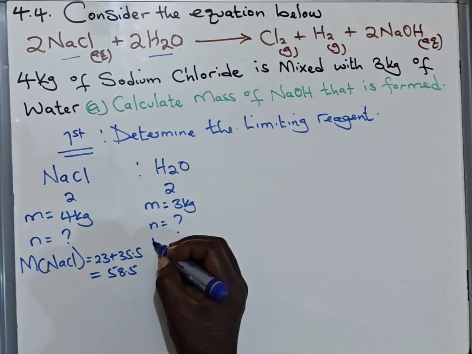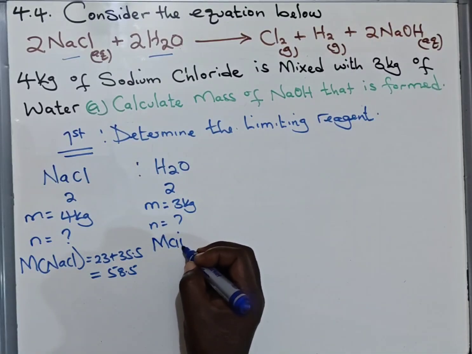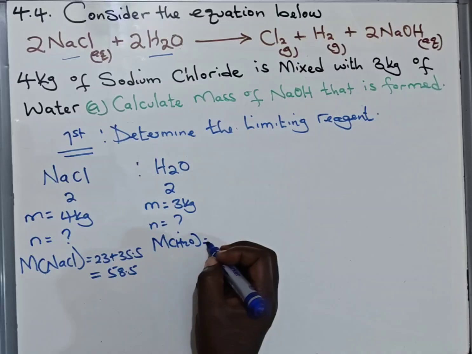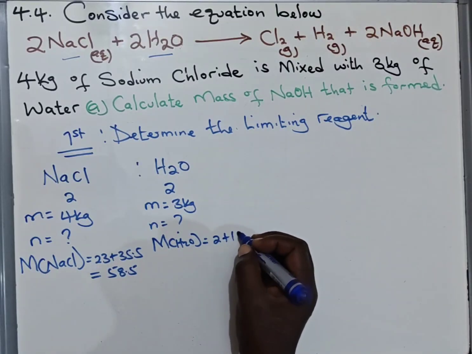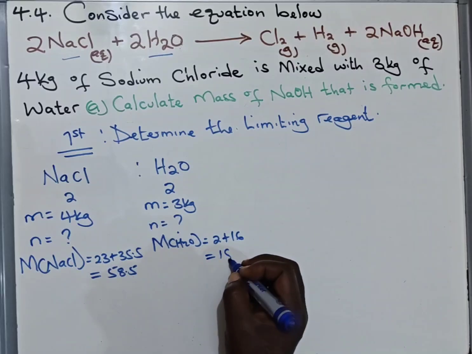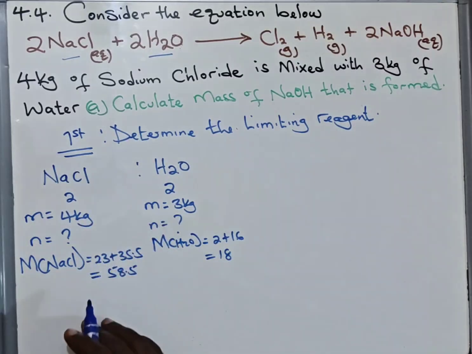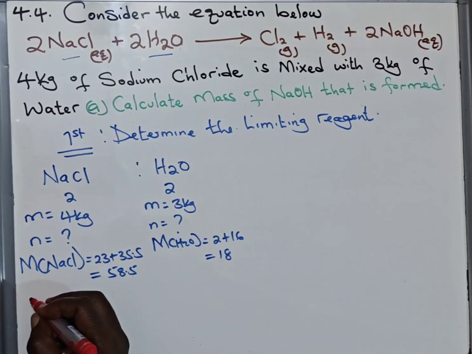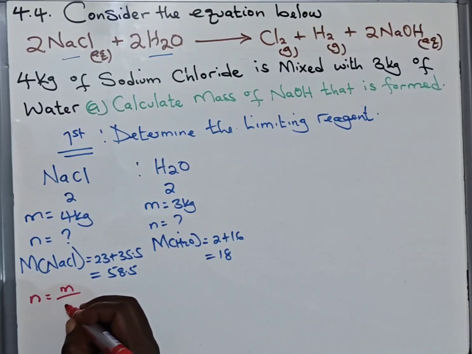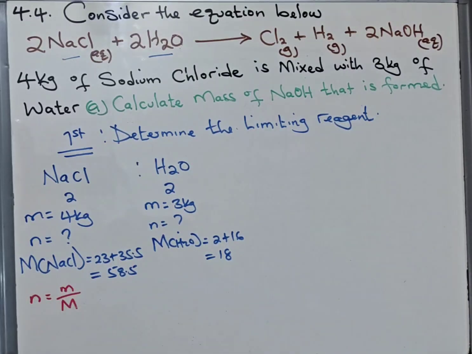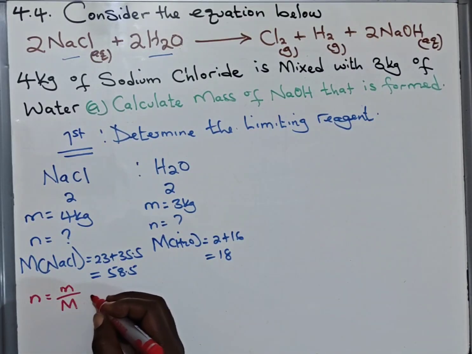And the molar mass of water is 2 plus 16, giving you 18. So from here, what do we do? We proceed to get the number of moles. In this case, it's going to be n equals m over capital M. That's the formula.